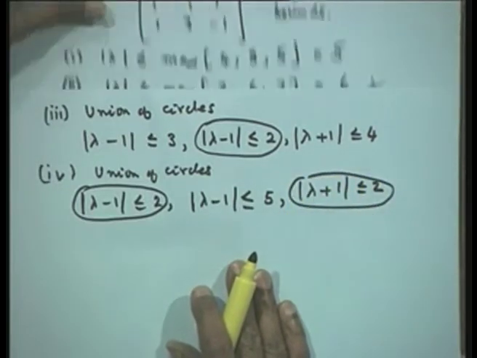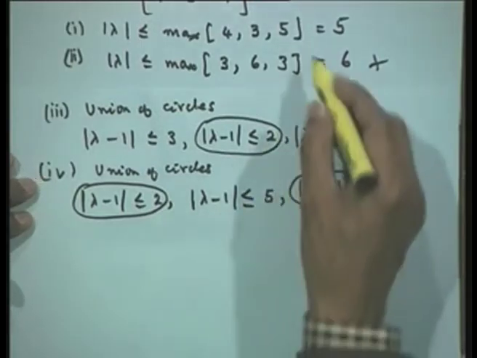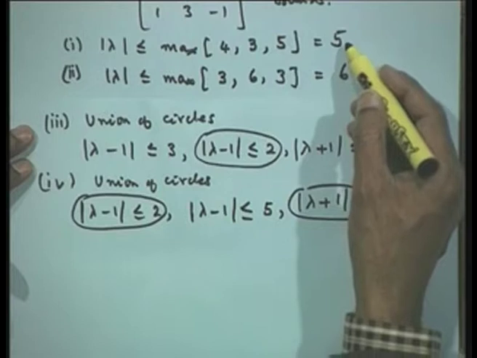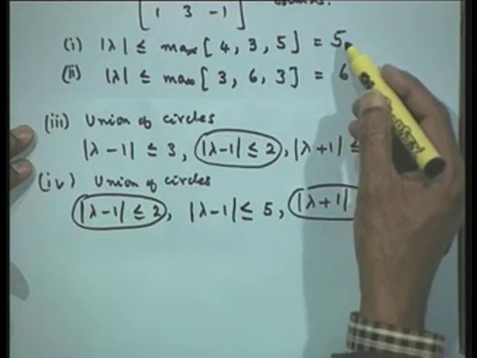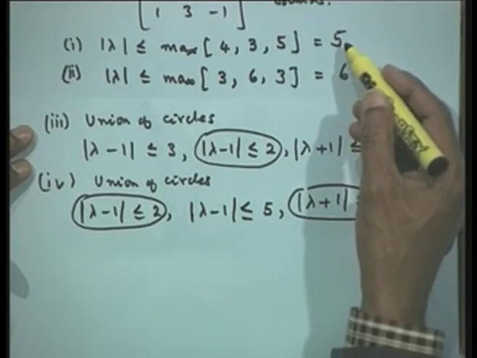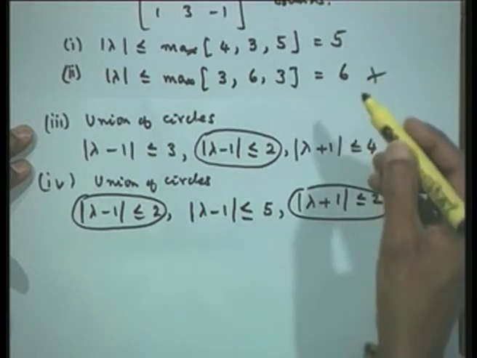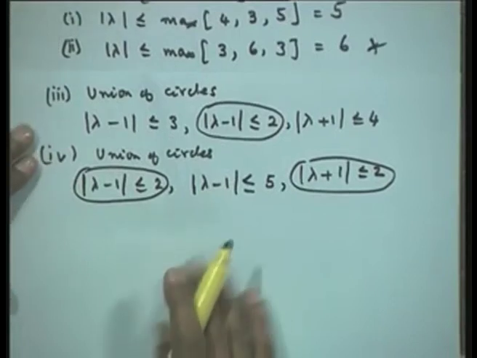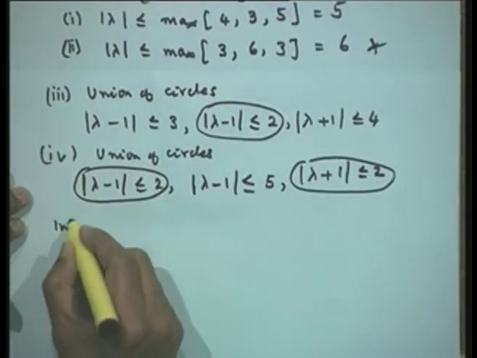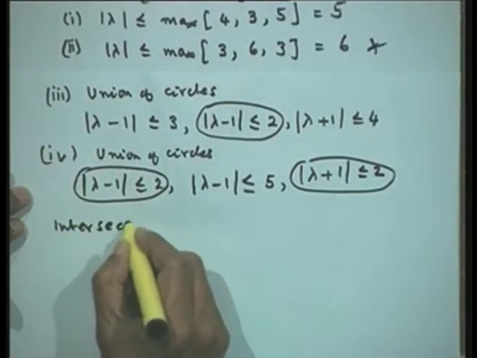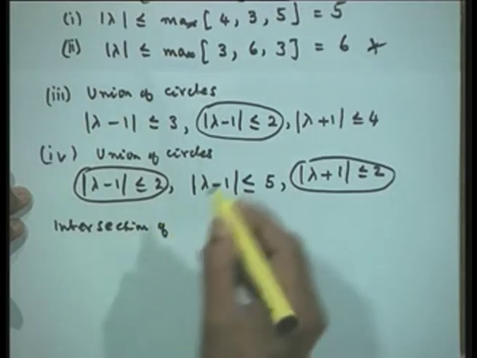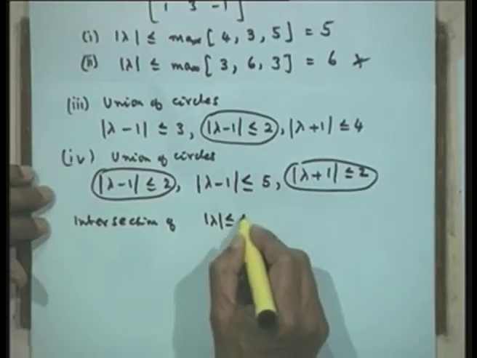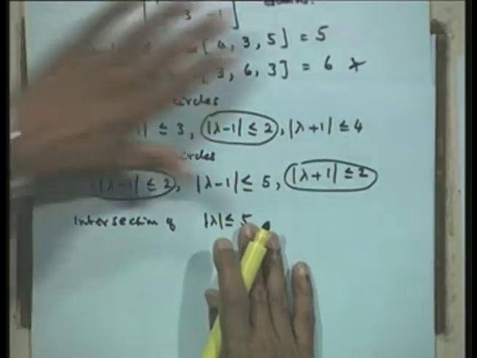Now, finally, we need the intersection of all these 4. This is the largest circle which we have excluded. Now, we finally have to write down the intersection of bounds: the first bound, magnitude of lambda less than or equal to 5, that we have got from there.